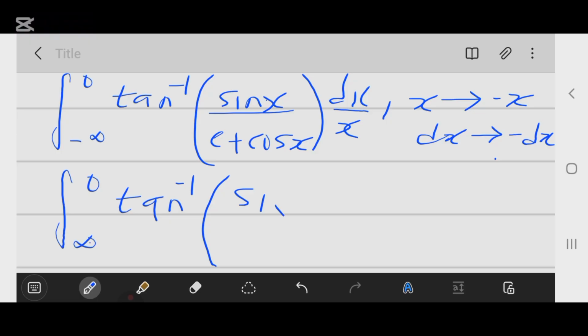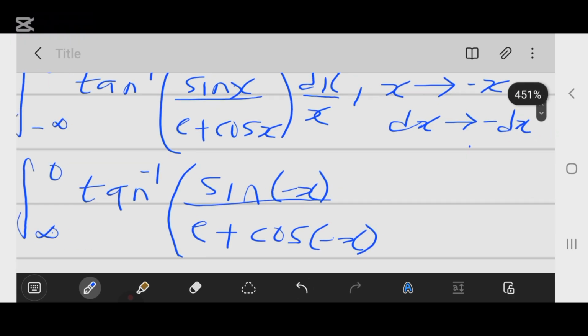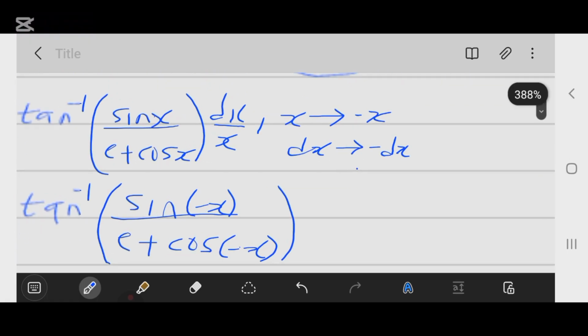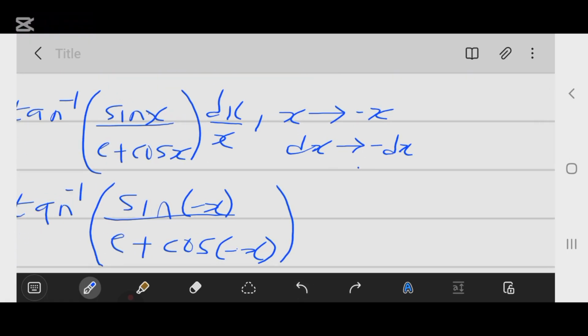Sine negative x divided by e plus cos negative x. Remember here to be negative dx, and then beneath it will be negative x.